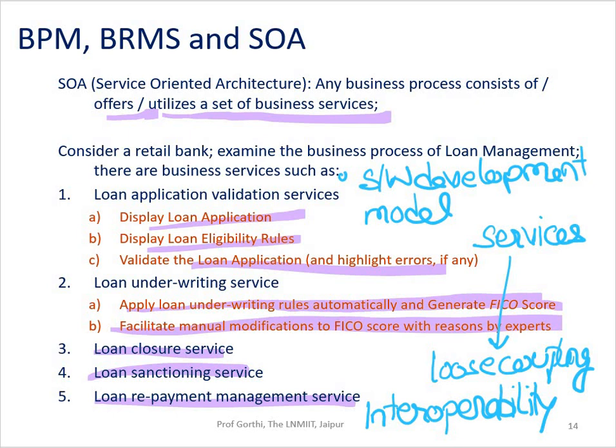This particular thing, service oriented architecture, is independent of the vendor and technology. That means a wide variety of products can be used to implement the architecture. Right, so things will be much clearer when we go ahead with your basic definitions of architecture, but at this moment of time, let's stick to these definitions only.